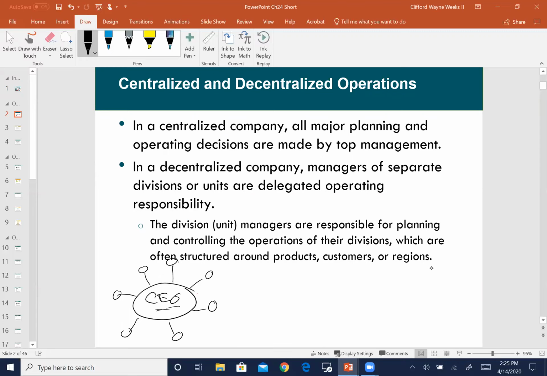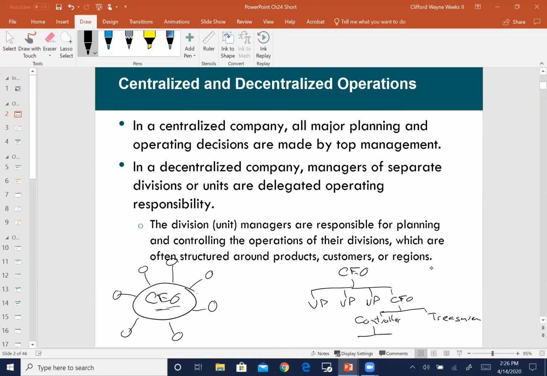Whereas in a decentralized organization, yes, you have your CEO at the top, then under him he has various VPs, and then the chief financial officer. Your chief financial officer basically divides into two things: you have your controller and you have your treasurer.